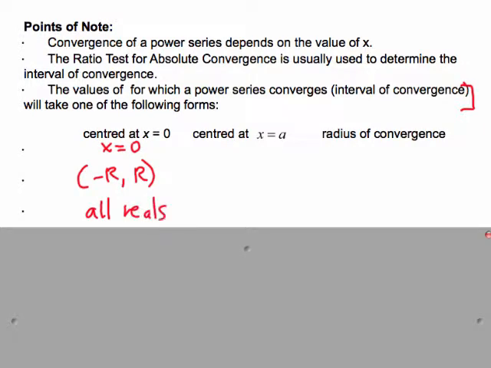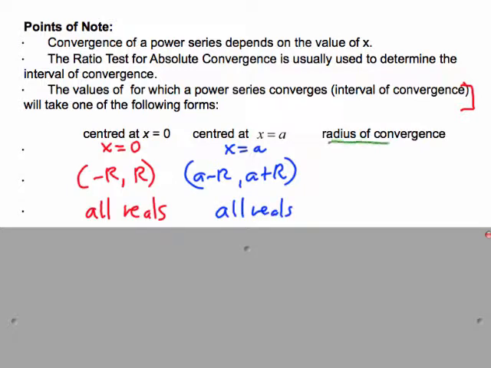Your interval of convergence will always take one of those three forms. If it's centered at x equals a, then it can just be the center point x equals a, or it can be r units away from a, so a plus r or a minus r, so there's your interval, or it can be all reals.